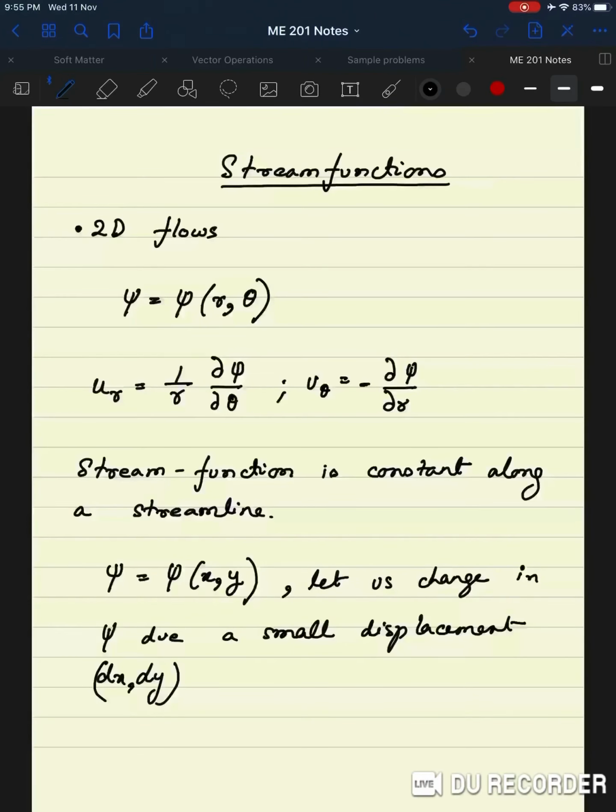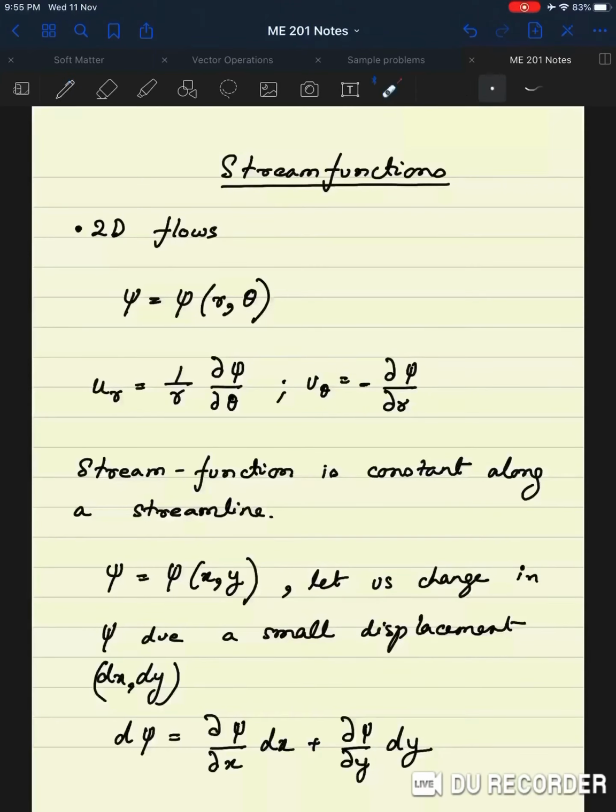Then what is d psi? It is the total derivative, and my psi is dependent upon two variables. So by chain rule it will be this particular quantity.